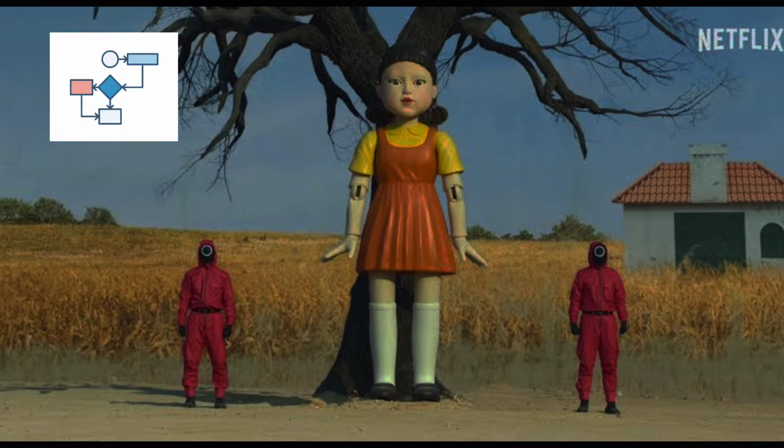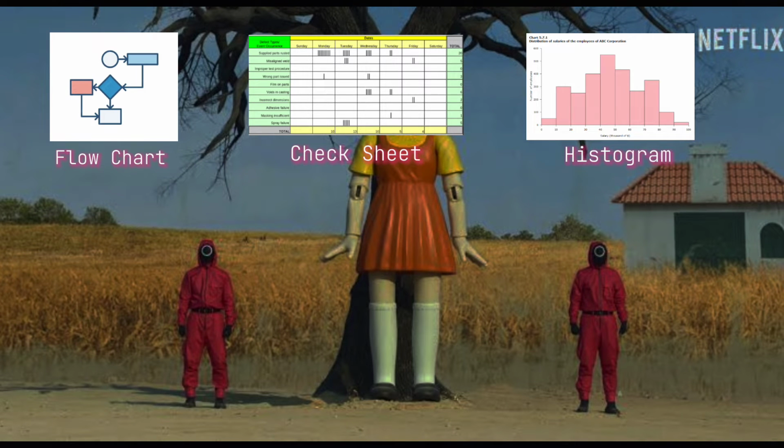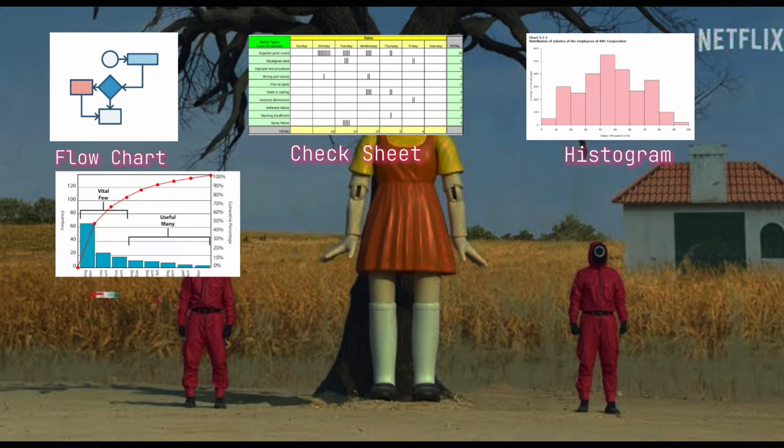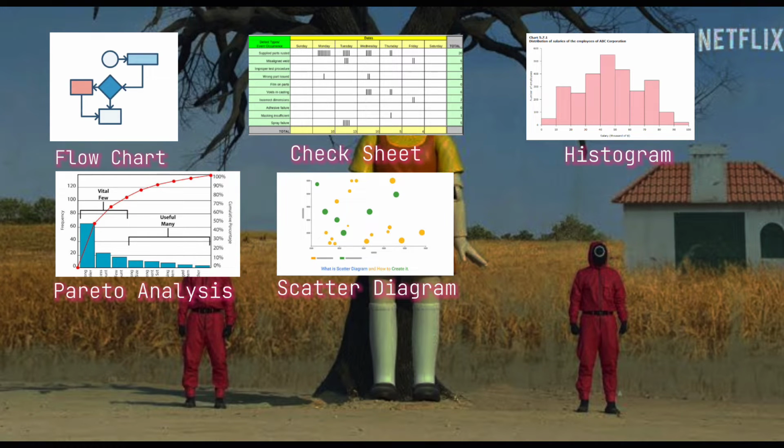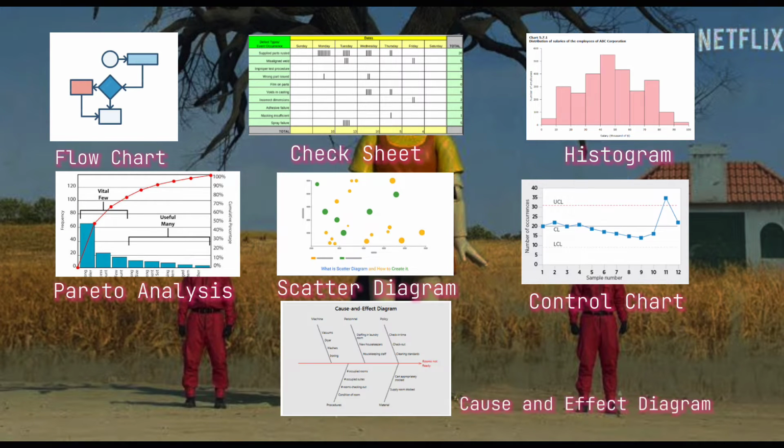First, the flowchart. Second, the check sheet. Third, the histogram. Fourth, Pareto analysis. Fifth, the scatter diagram. Sixth, the control chart. Seventh, the cause and effect diagram.